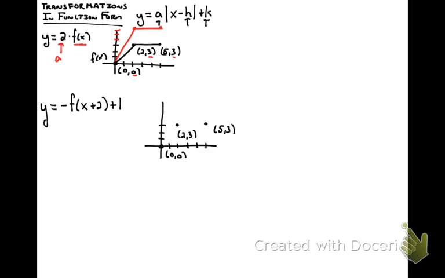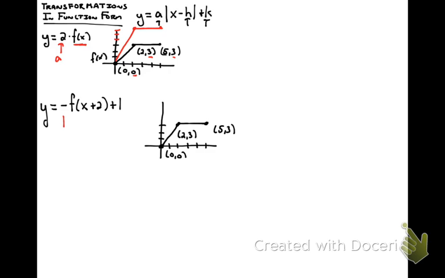Now here's a different situation. We're still starting from the same original function, whose graph goes through the points 0, 0, 2, 3, and 5, 3. But now how it's being affected is different. We've got y equals negative f of x plus 2, plus 1.